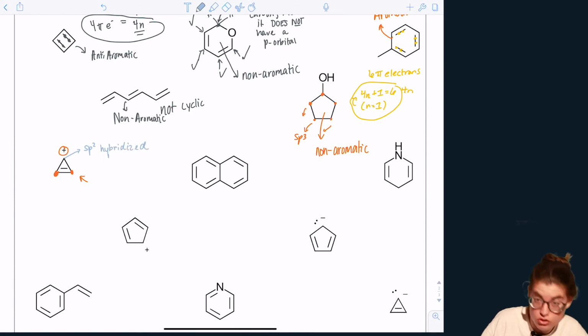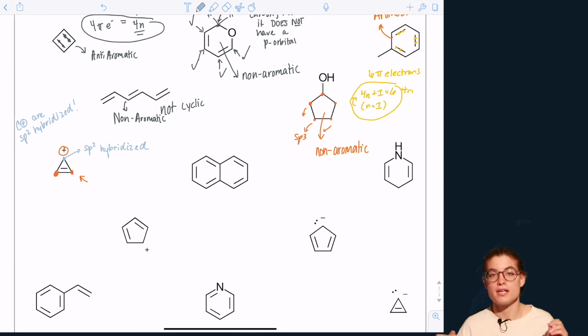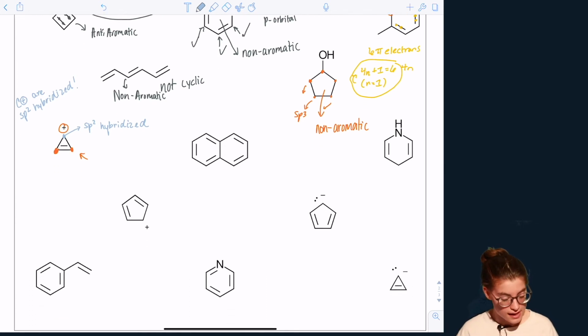And that's something you should know by now, but if you're still forgetting that, you're going to want to remember that. So remember, carbocations are sp2 hybridized. So yes, this carbon does have a p orbital, and in fact, because it's a carbocation, that p orbital is empty. It's unfilled, it's unoccupied, but it's still there and it still exists. So yes, every atom in the ring has a p orbital.